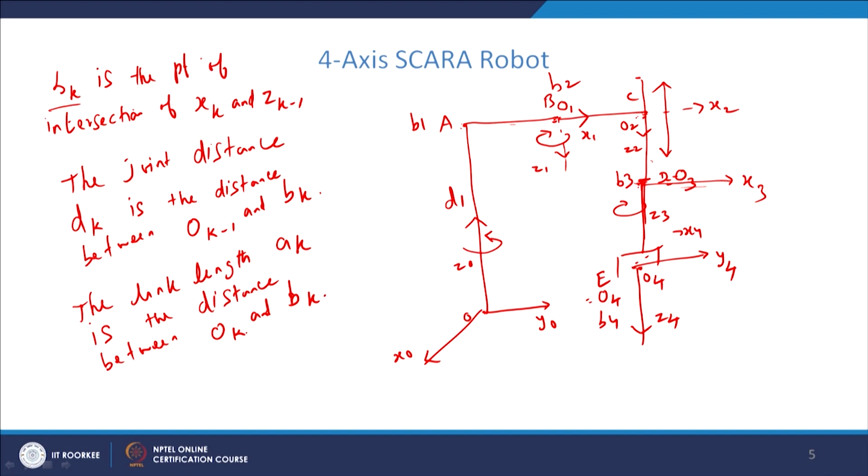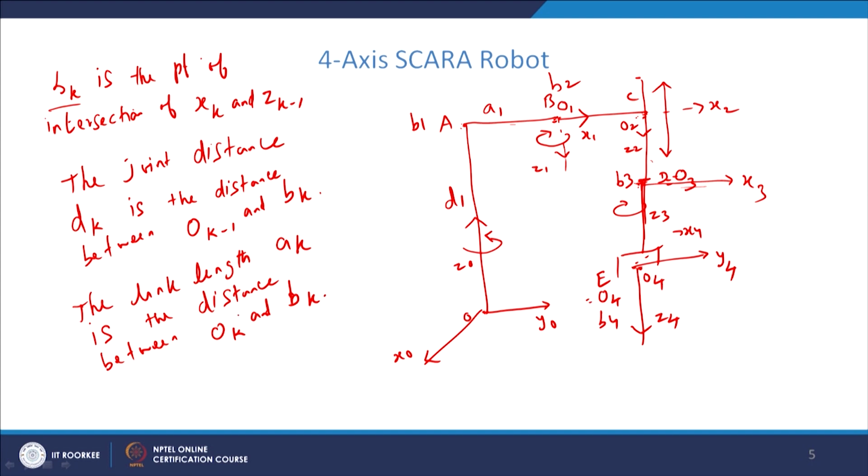So, if you take for example O1 and B1, O1 is at the point capital B and B1 is at the point capital A. So, this distance is called A1 according to the DH procedure.